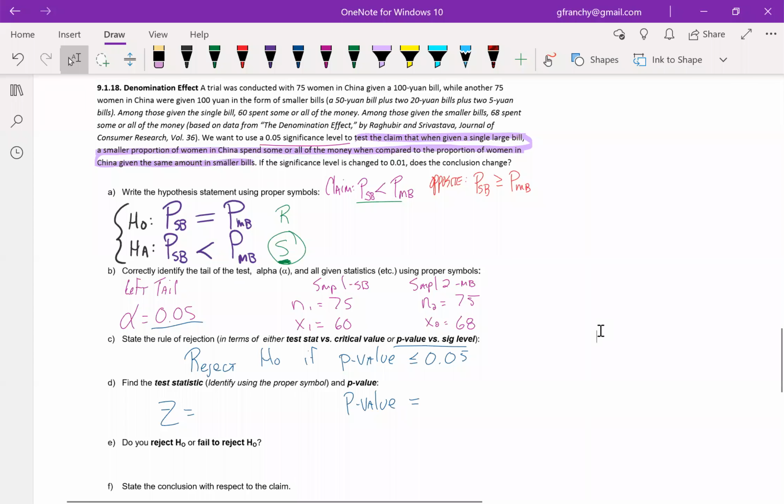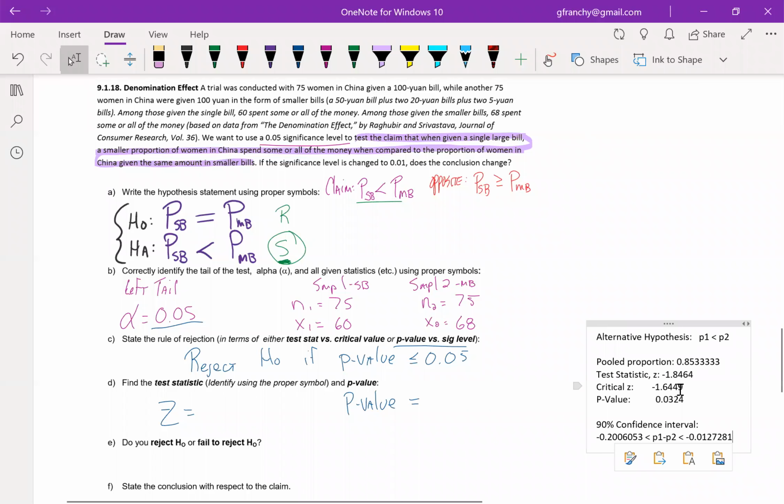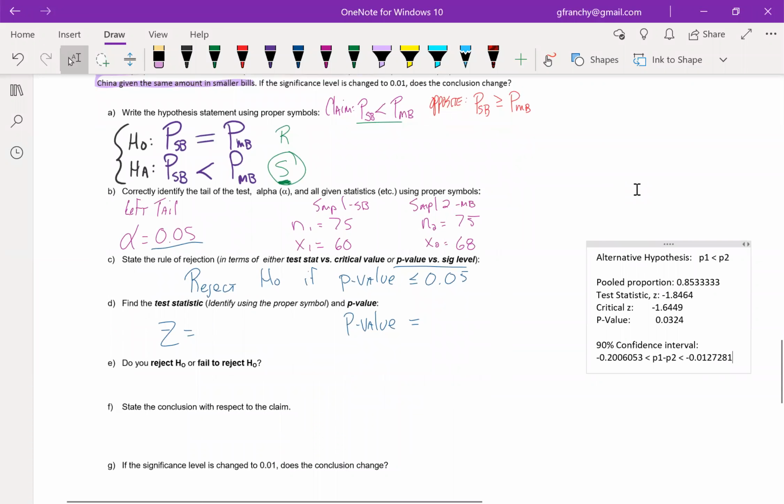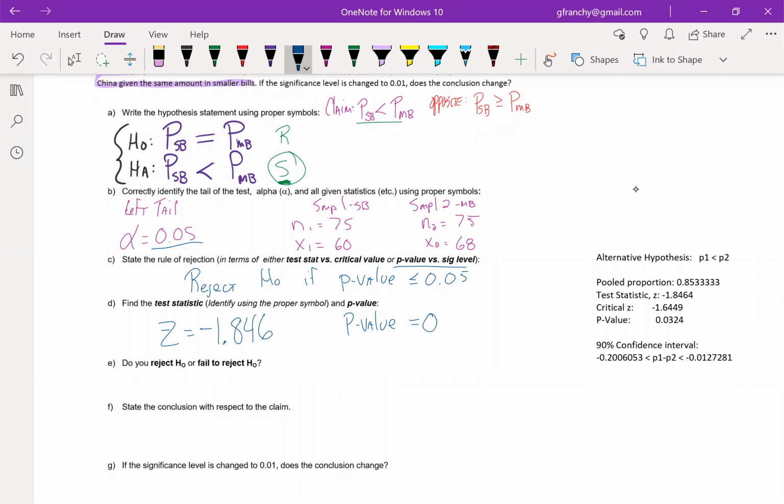But let's come back here, put that in. So now our z was negative 1.846. And my p-value is 0.0324.